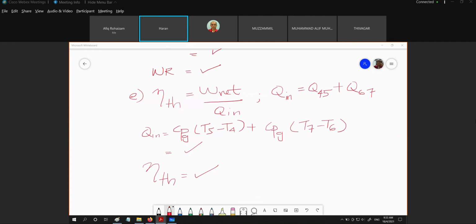That's why we have pressure drop. But in our case, usually we will neglect the pressure drop. Right. Any other question?